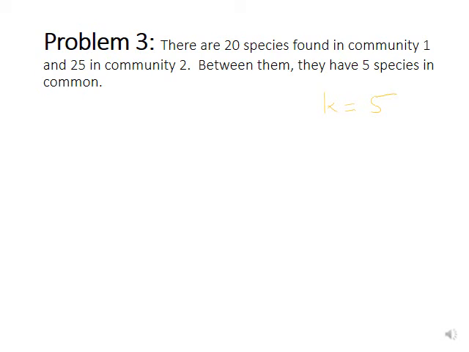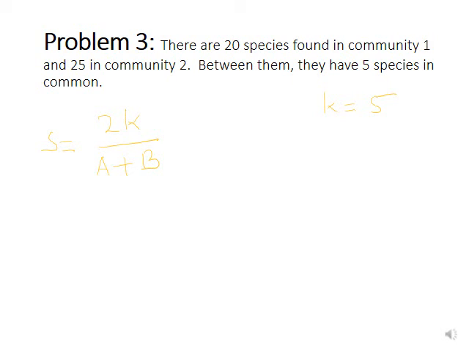What is the formula of the similarity index? If you remember, this formula is S is equal to 2K, or you can write C, whatever, divided by community 1 plus community 2, or if you have community 3, whatever communities or study sites you have monitored, you can put in this sequence.